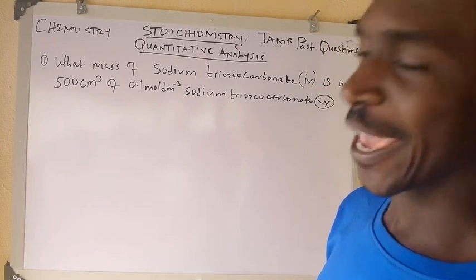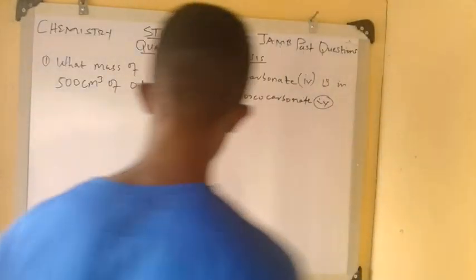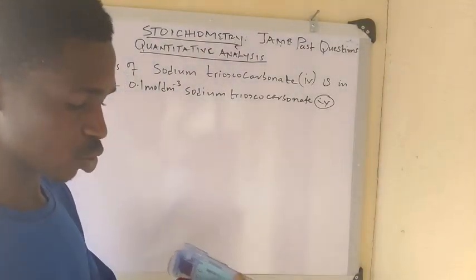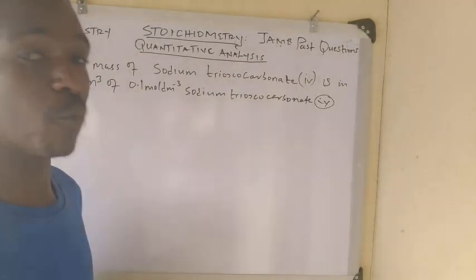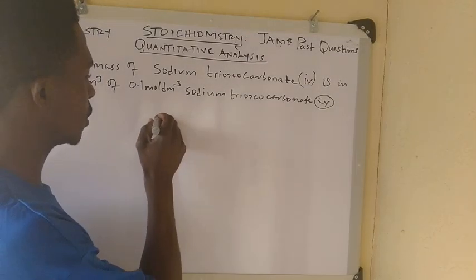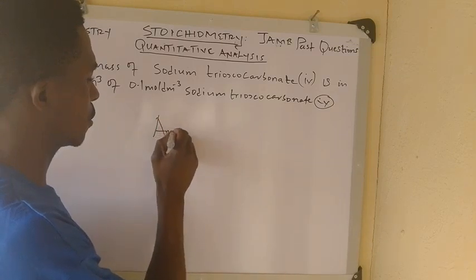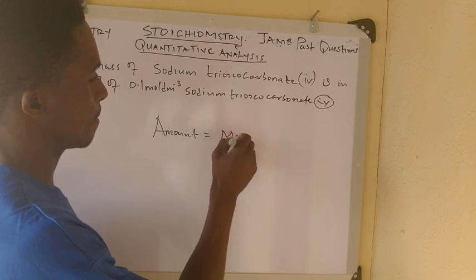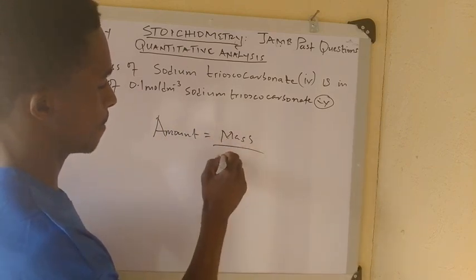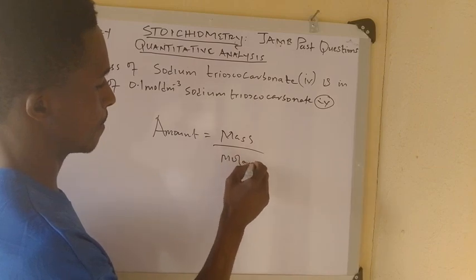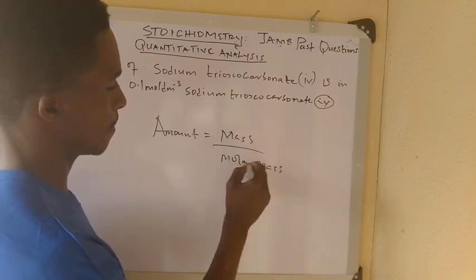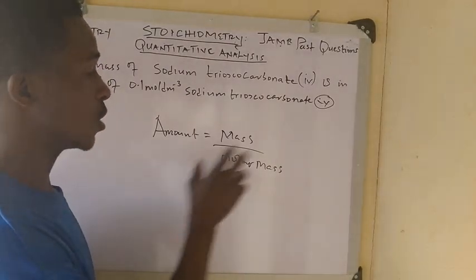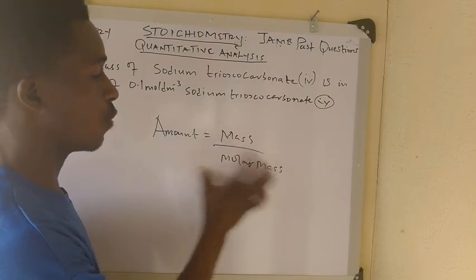The first formula says that amount of substance, which is also known as the number of moles, is equal to mass all over molar mass.